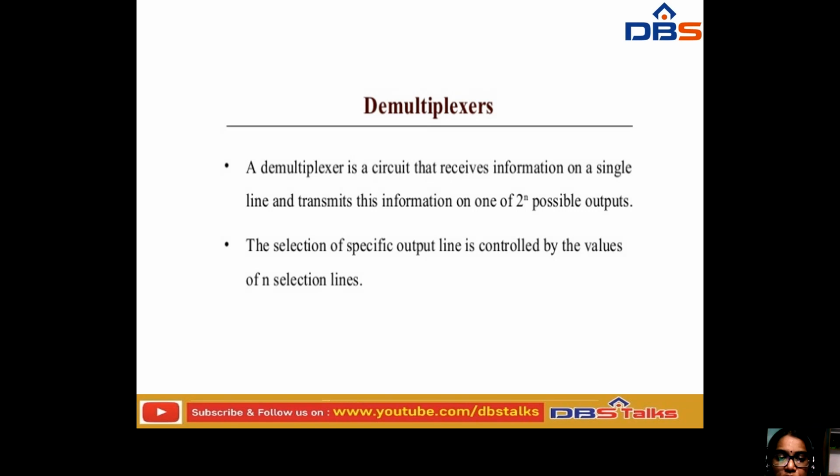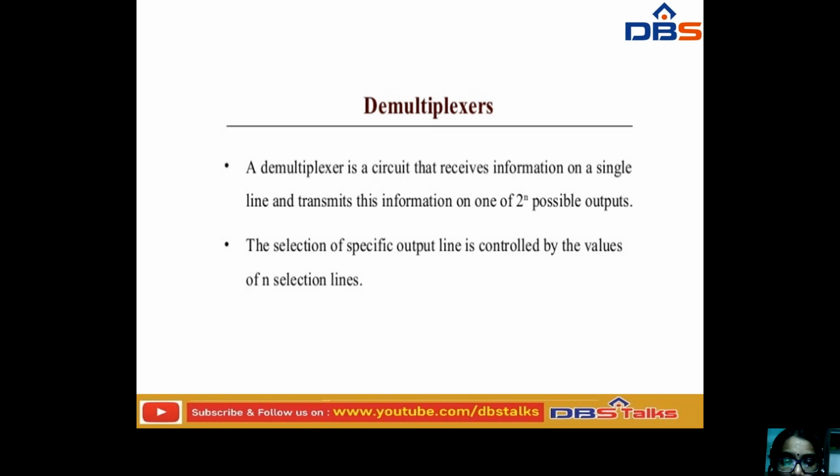So it is also a combinational circuit which receives the information on a single line and transmits that information on 1 to 2^n possible outputs. Based upon the selection of a specific output line, it is controlled by the values of the n selection lines.